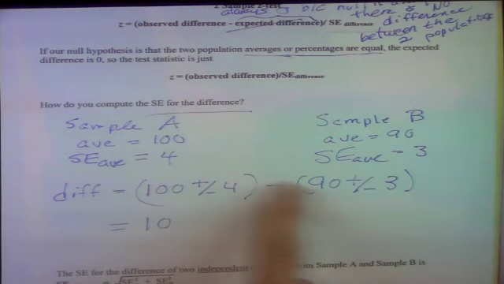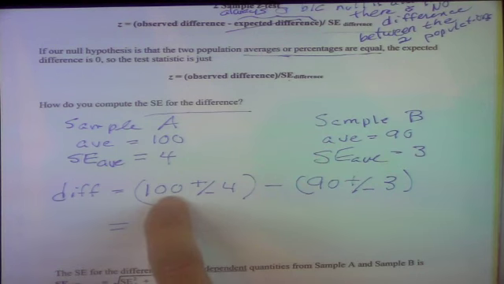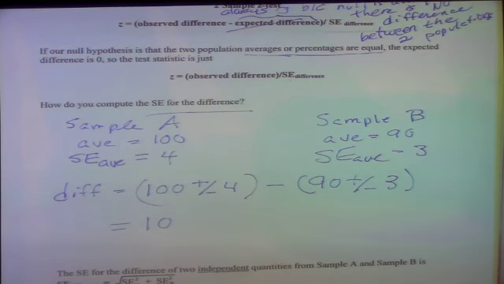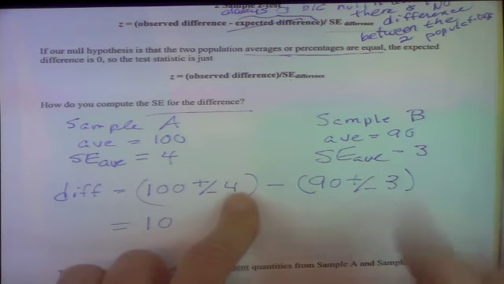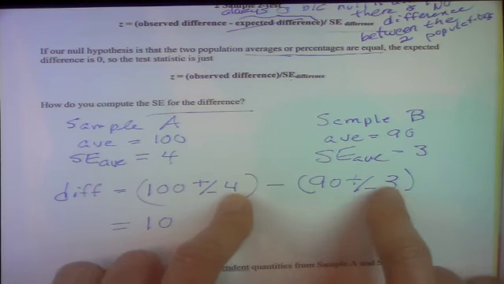That would give you 4 plus 3, 7. And if you wanted negative 7, you'd have to get 100 minus 4 here, and then minus plus 3. So that would give you the biggest difference you could get, but often you're going to get like a plus 4 here and a plus 3 here, and then you'd have 4 minus 3 is 1.